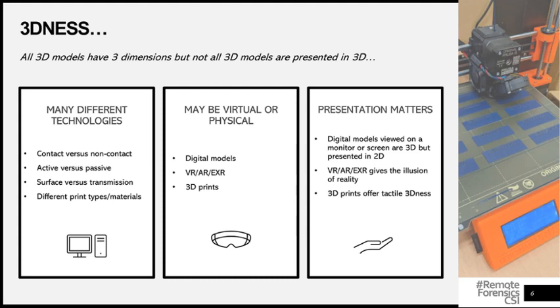And then, as I mentioned, that VR, AR, XR technology gives the illusion of it being 3D, but ultimately it's virtual. There's still only 2 dimensions. But it's the 3D prints that then offer that tactile 3D-ness, so that you've got that extra sense being awakened there by touching and feeling the model.